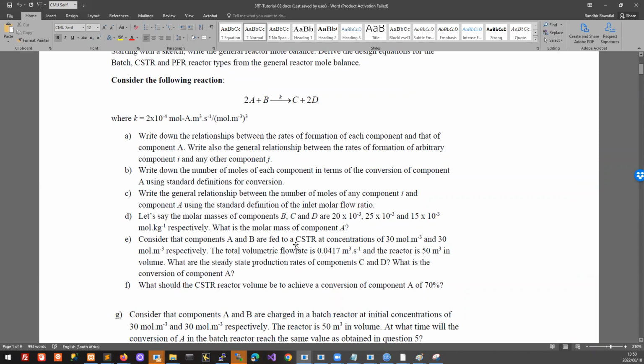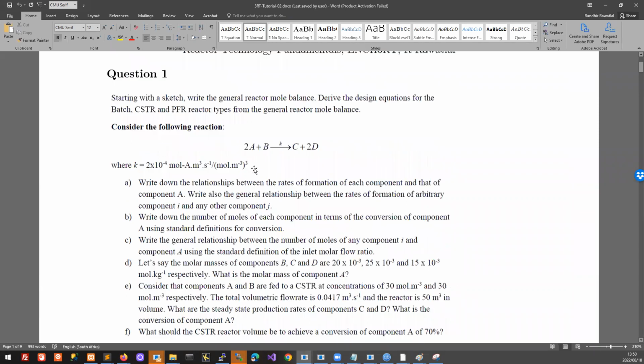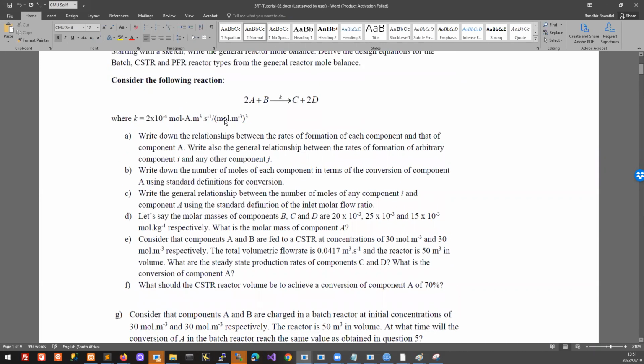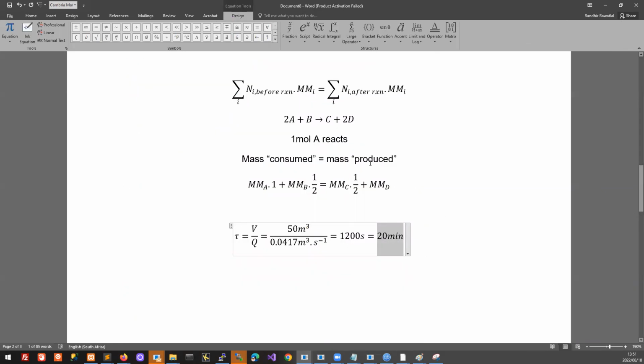And this is happening in a CSTR. We don't know anything about the reaction, so we're going to have to assume this is an elementary reaction. So let's say here, minus RA, the rate of consumption of A, is equal to k times CA.